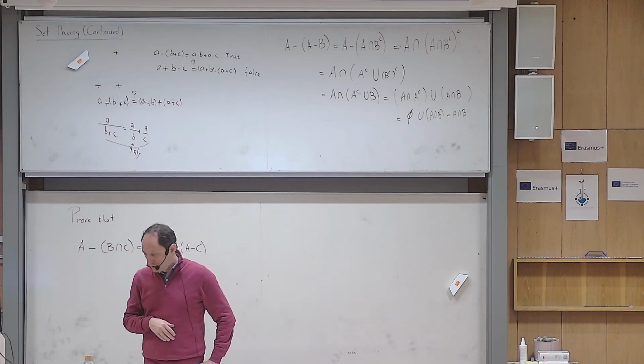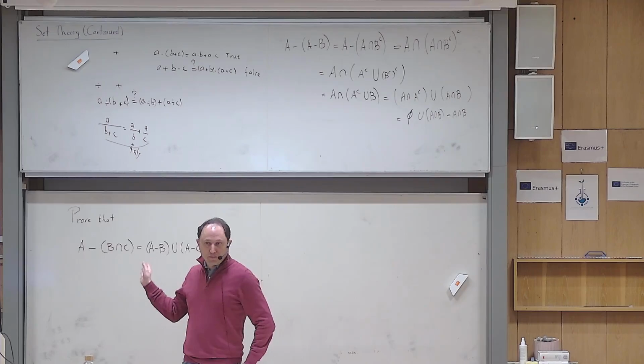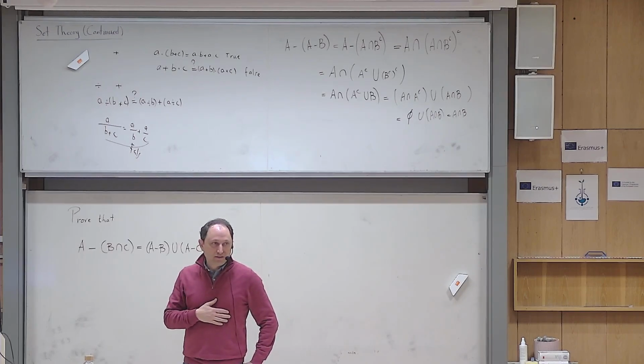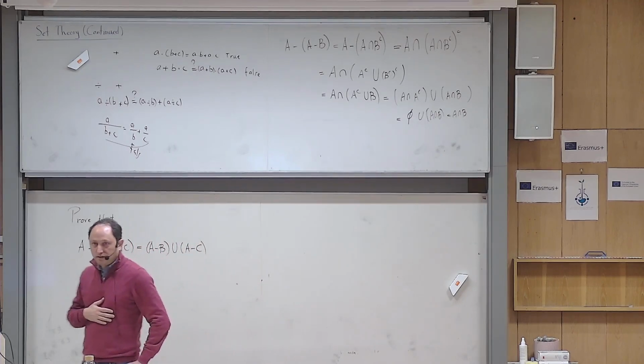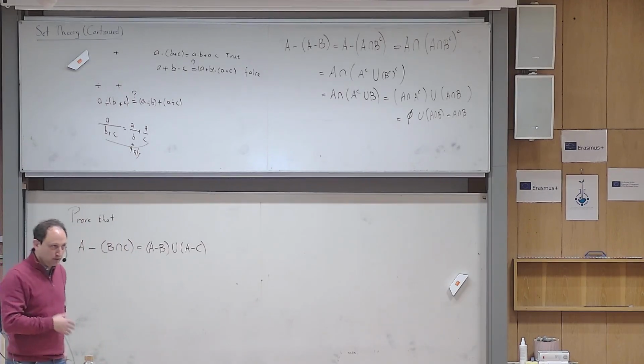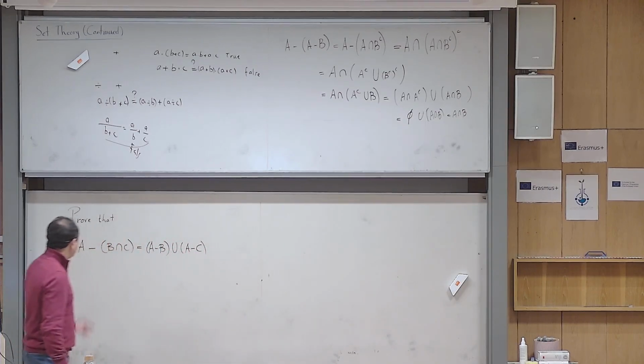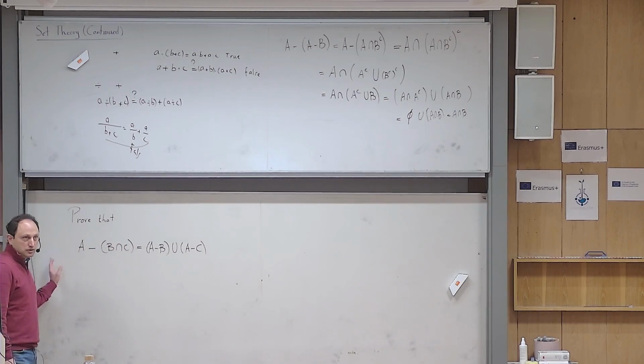Do you agree with me this is De Morgan's law? It was very easy to understand that this is indeed the De Morgan law, yes? Why? If you give the role of the universal set to A, that is just De Morgan's law.